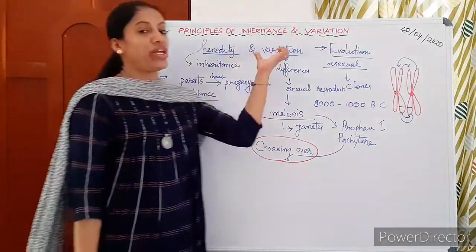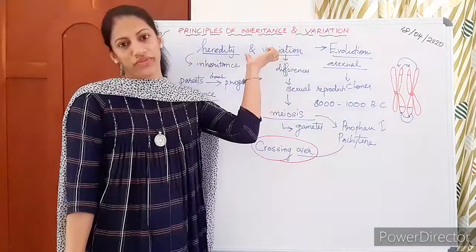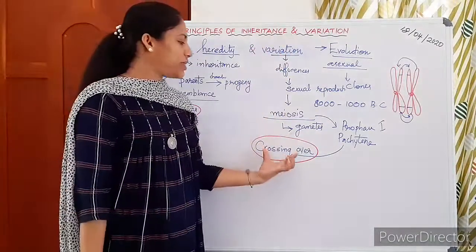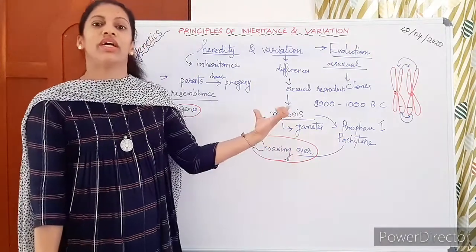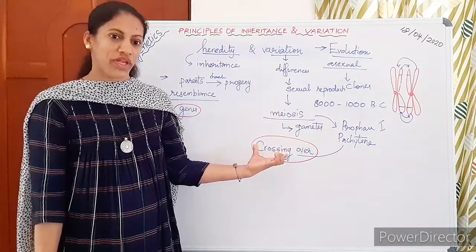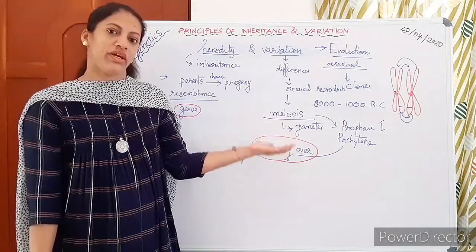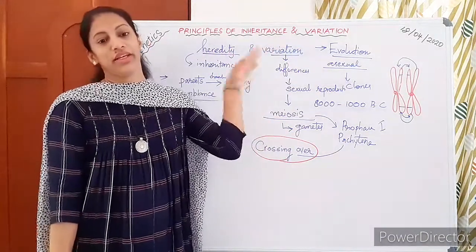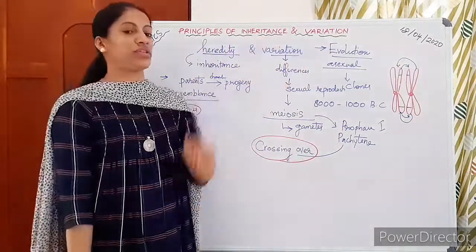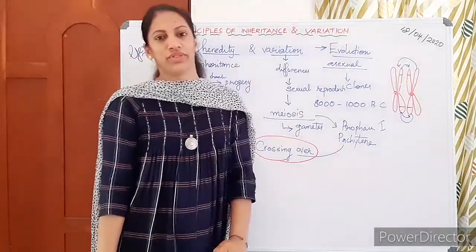Then variation refers to how we differ from our parents, and it is mainly due to the crossing over which takes place during gamete formation. And also gamete fusion and mutation can be other reasons for variation. And finally, variations are leading to gradual evolution.